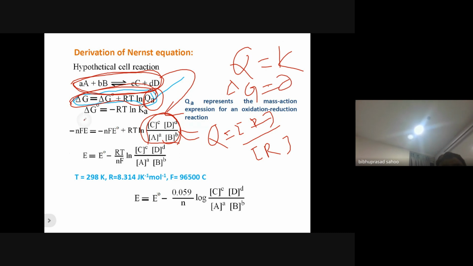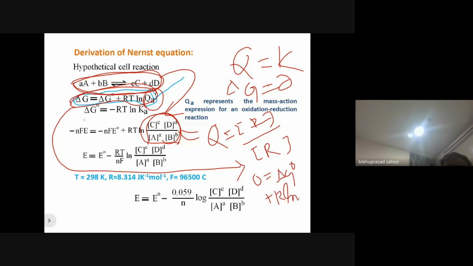So at equilibrium, this equation will be 0 equal to del G naught plus RT ln K. Instead of Q, we write K. Instead of del G, we write 0. Del G naught stays as such. So del G naught will be minus RT ln K.